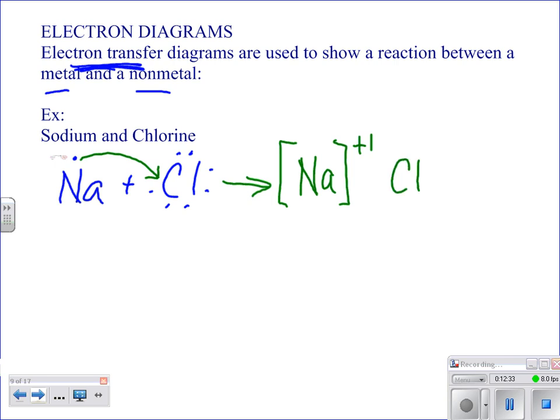And in this example, we've got chlorine that has formed the chloride ion because it has 8 dots, 8 valence electrons. So what's its charge? -1. So every time you draw one of these, your metal needs to have no dots on it, and your non-metal should have 8 dots on it. And then you throw the charge up there as a superscript. And you show brackets with the charge.